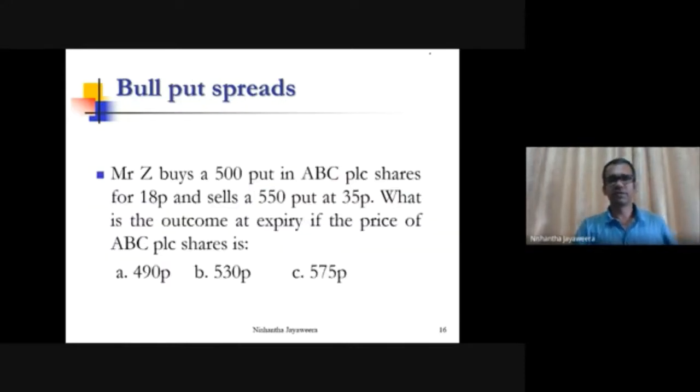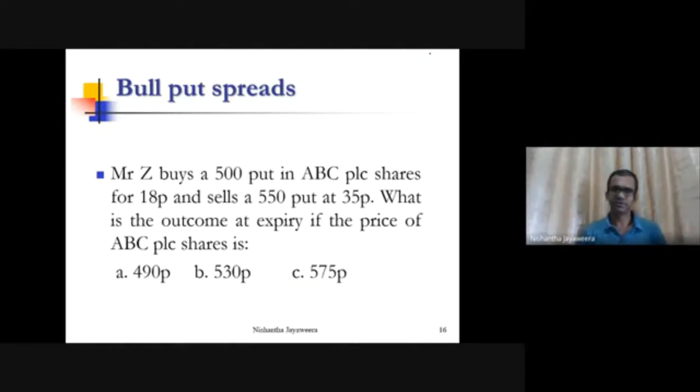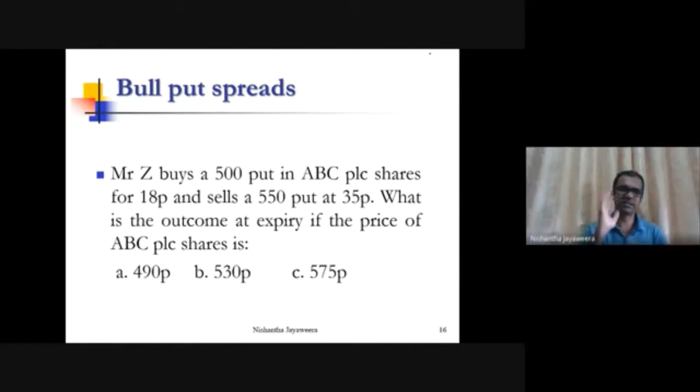So what would be the bull put spreads? Same thing. Try to understand the payoffs for a bull spread. Still remember, you buy the lower strike and sell the higher strike.